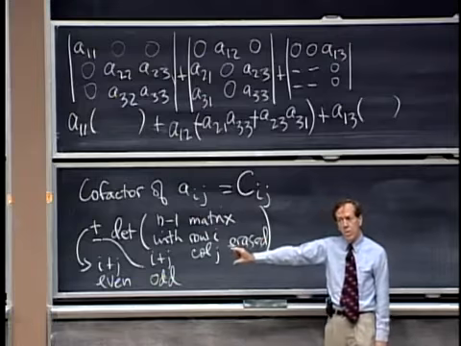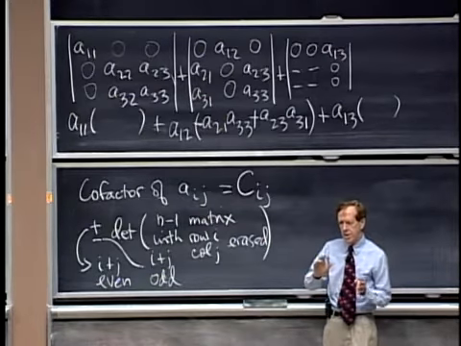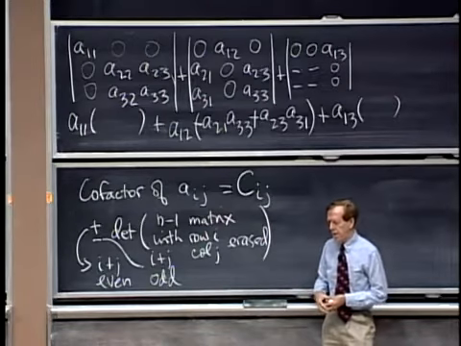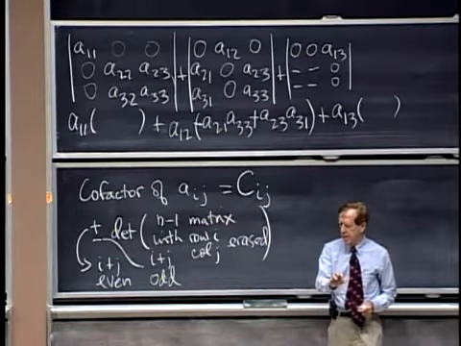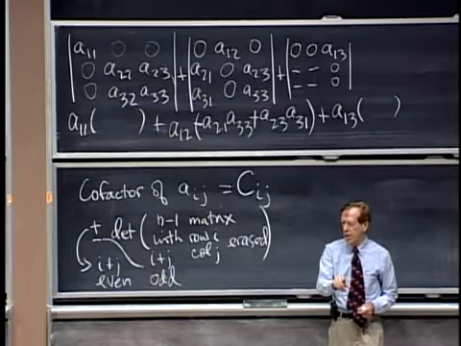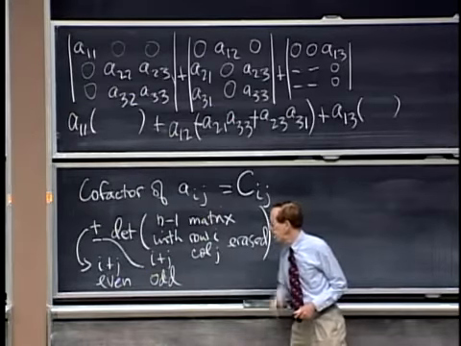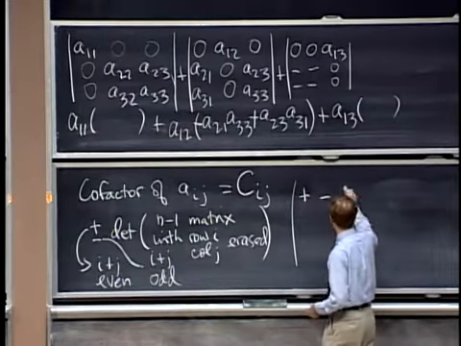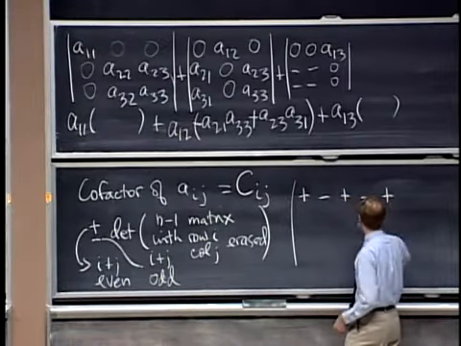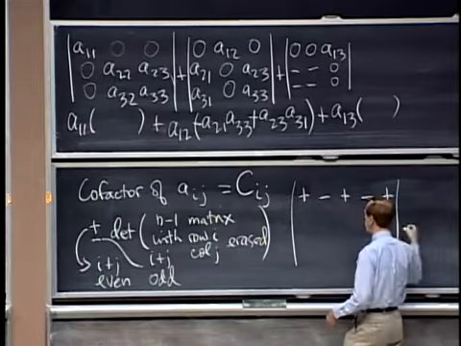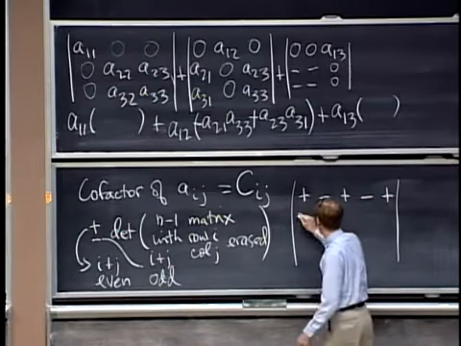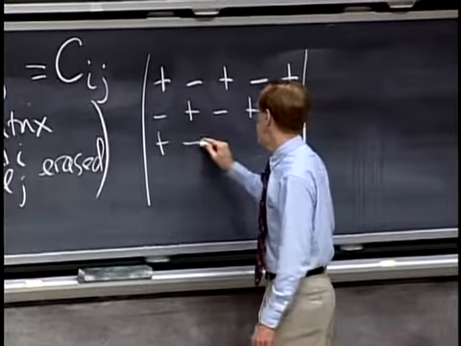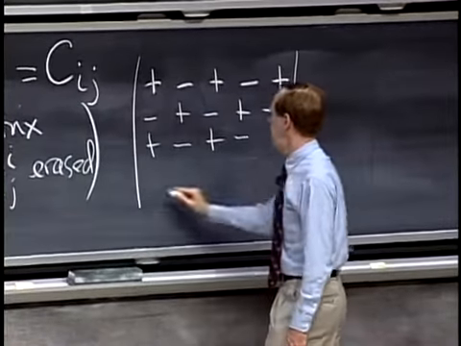But if I go along row 2, they would start with a minus because the 2,1 entry, 2 plus 1 is odd. It's sort of a checkerboard.